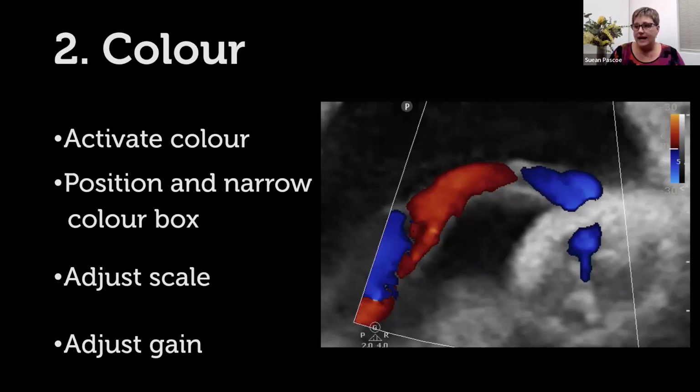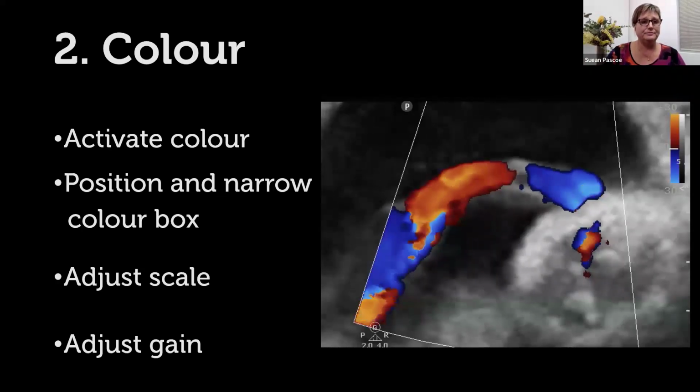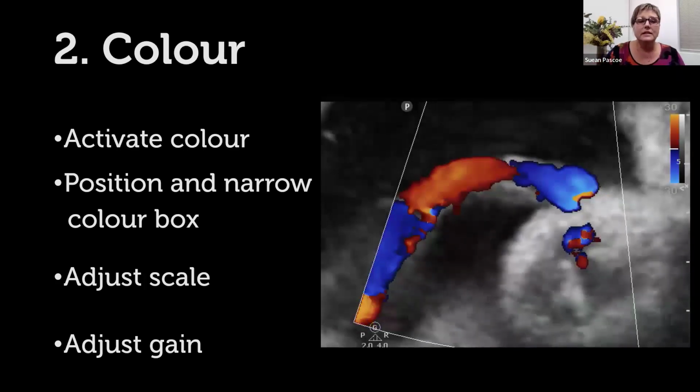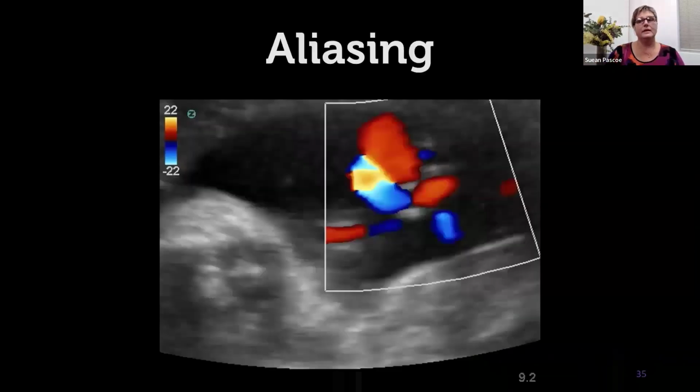Then we look at the color scale so that we haven't got too much aliasing, and you may need to adjust the color gain here. We're just looking to find that there's a little bit of aliasing in the artery. The blood should be flowing faster in the artery, and that helps us to determine which one's the artery and the vein.